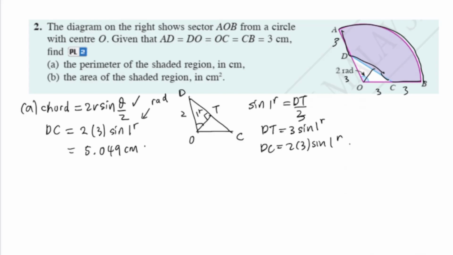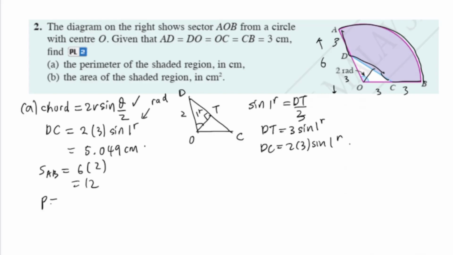How about the perimeter? You still need to find the length of arc AB, and arc AB will be r, which is now 3 plus 3, 6 cm, because the whole thing is longer. AO is 6 cm, times theta 2 radian, that will give us 12.